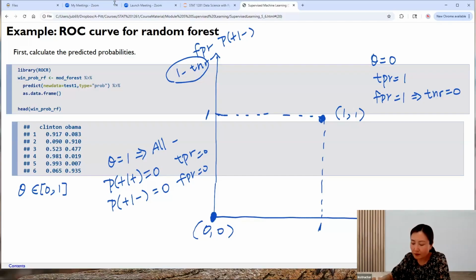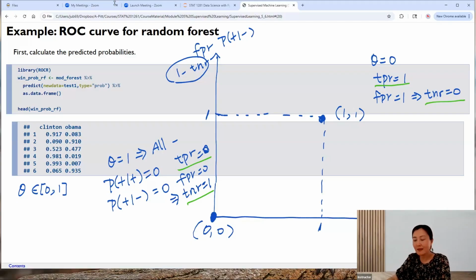And false positive rate is equal to 0, which means true negative rate is equal to 1. So at least one of them is good. One good, one bad. Similar here, one good, one bad. One is the best, one is the worst.